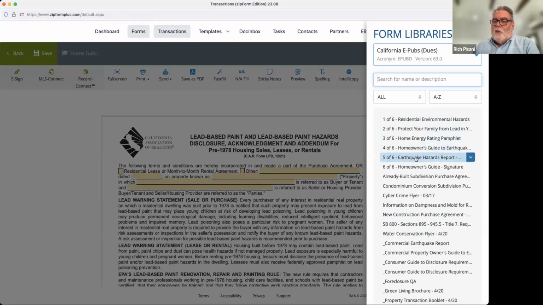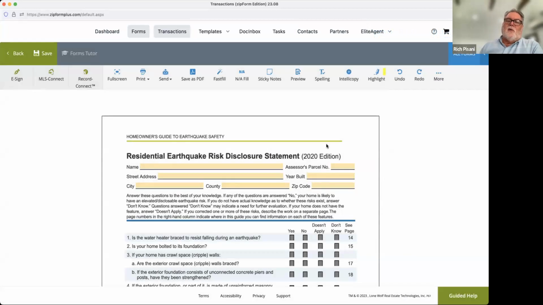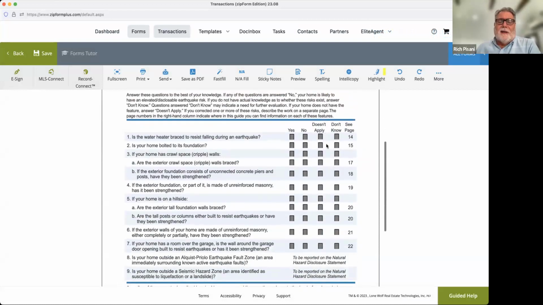And this is what's required if it's built before 1960, the residential earthquake risk disclosure statement. It asks a whole bunch of questions, and they give you an option of I don't know. Is the water heater braced? Well, in LA, you're going to have to do that. But bolted, if they don't know it's bolted, they say I don't know.